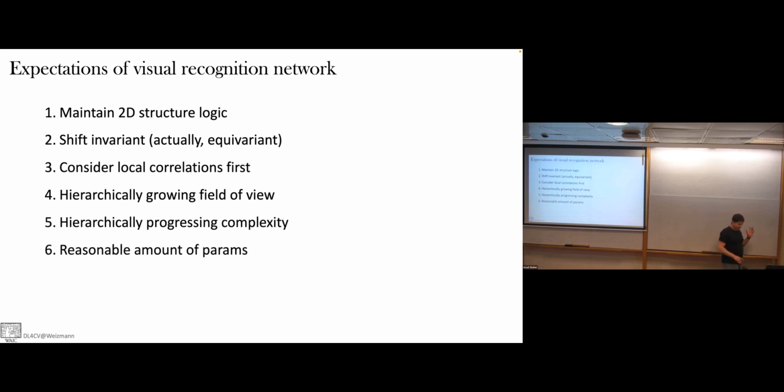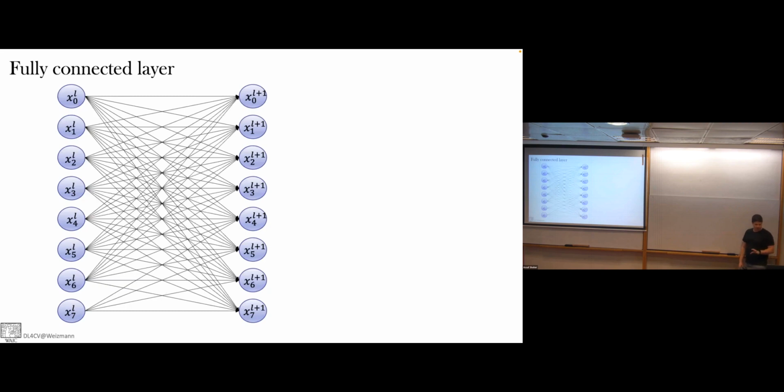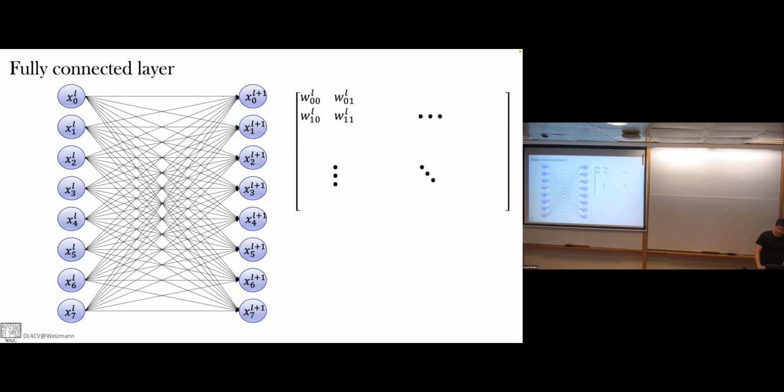So to understand why I'm pointing to these things, we'll first go to what we already know, which is the fully connected layer, okay? And this is how it looks like. You can see then we have, in this case, just one layer and eight input neurons and 8 output neurons for these layers. And you can characterize this network by this layer, by a matrix.